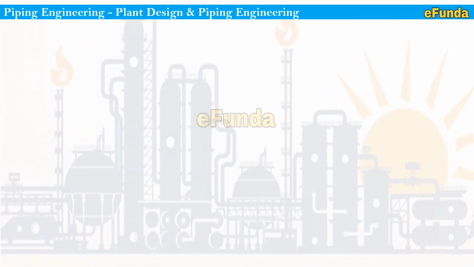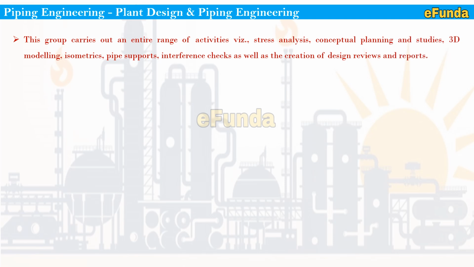Piping engineering, that is plant design and piping engineering, carries out an entire range of activities with stress analysis, conceptual planning and studies, 3D modeling, isometrics, pipe support, interference check, as well as the creation of design reviews and various types of reports.